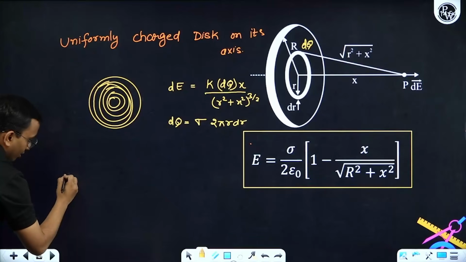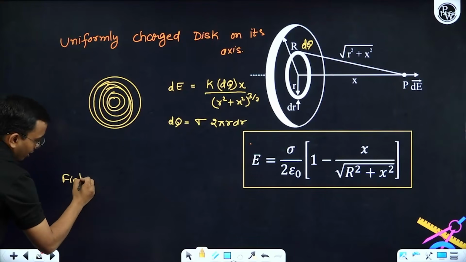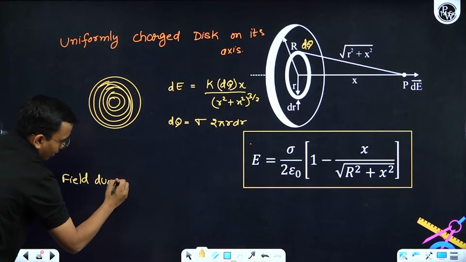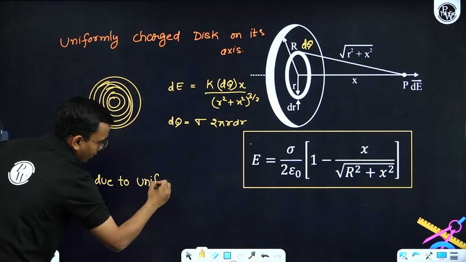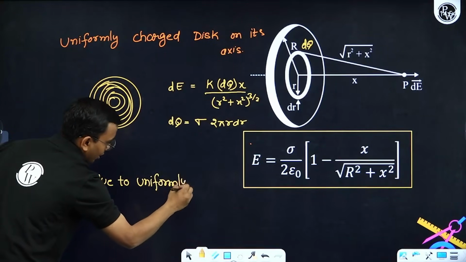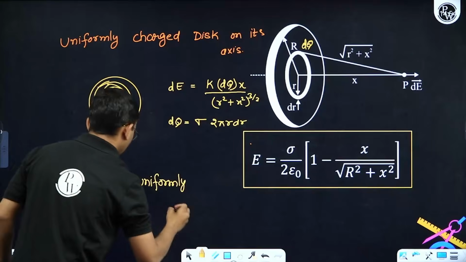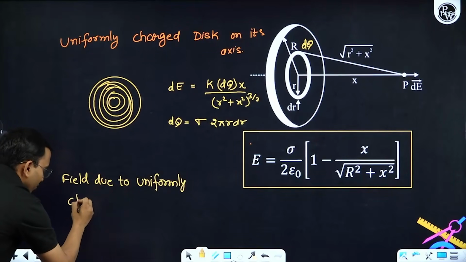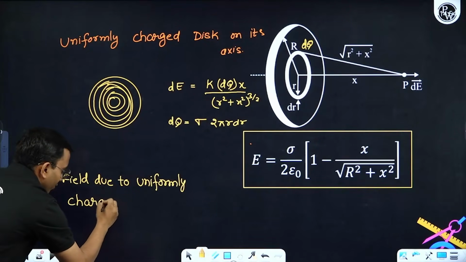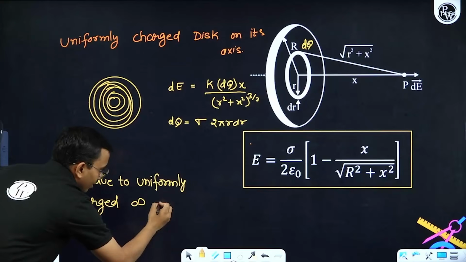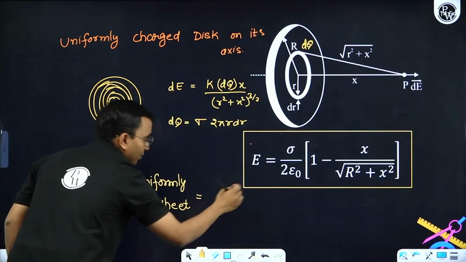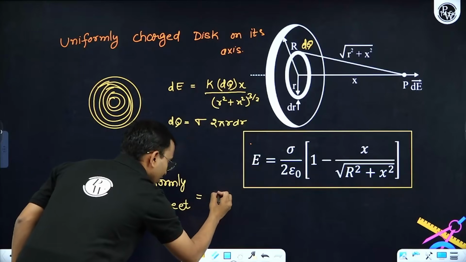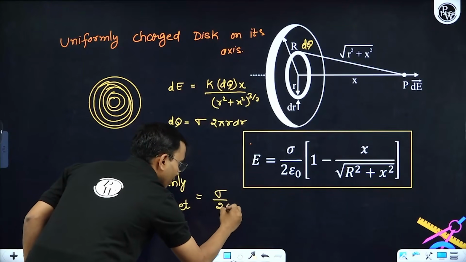So the field due to a uniformly charged infinite sheet, what will that become? R will become infinity, sigma by 2 epsilon naught.